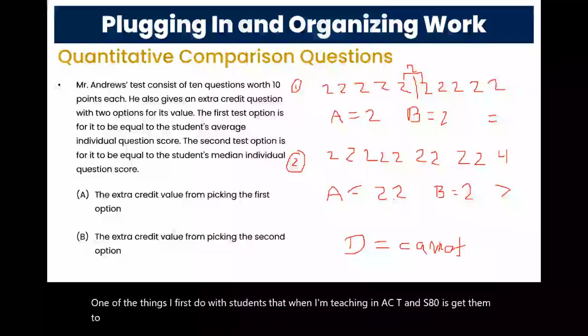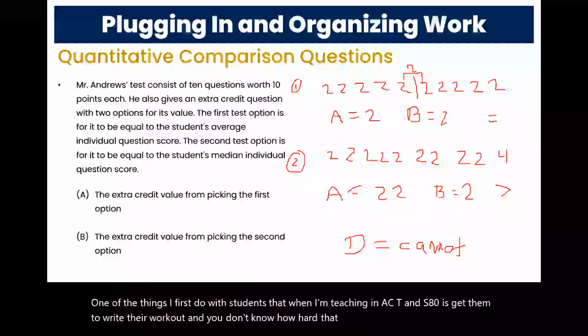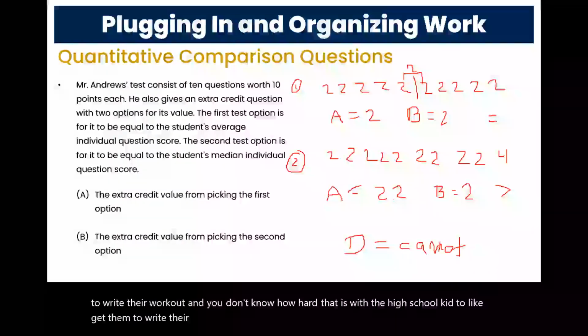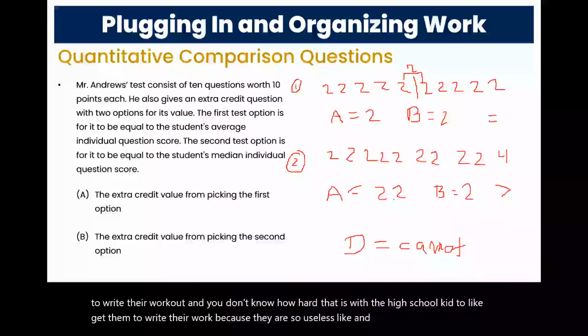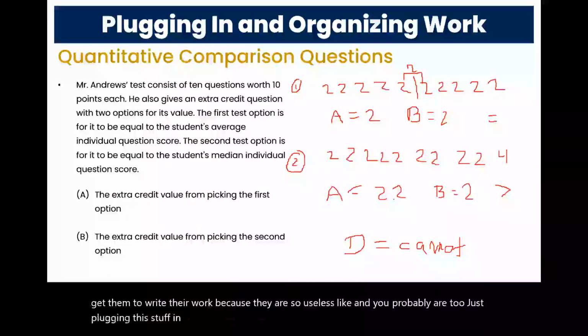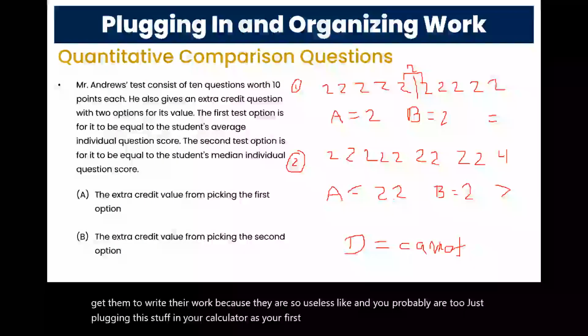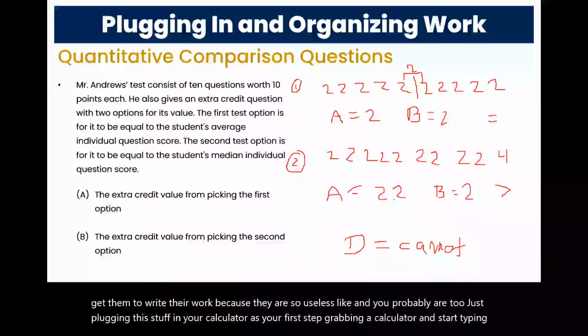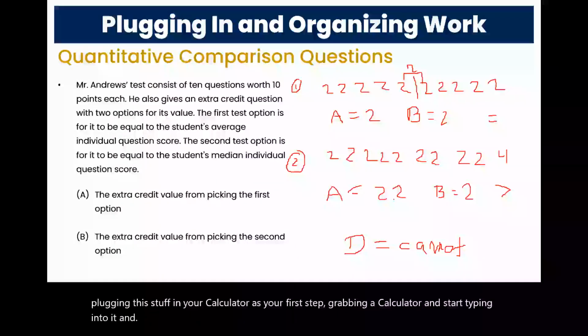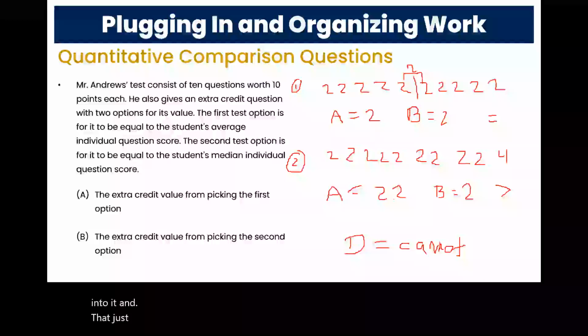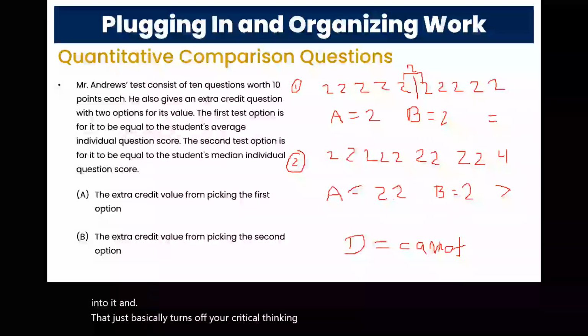And you don't know how hard that is with a high school kid, because they're so used to just, and you probably are too, plugging this stuff into your calculator as your first step, grabbing a calculator and typing into it. And that just basically turns off your critical thinking skills of watching for your mistakes.